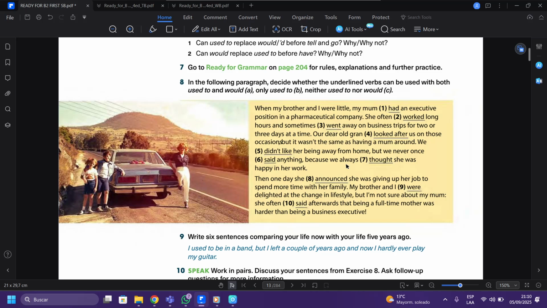When my brother and I were little, my mom had an executive position in a pharmaceutical company. In this case, the verb have can be used with used to or would, or only with used to, or neither with used to nor would. What do you think? My mom had an executive position in a pharmaceutical company.